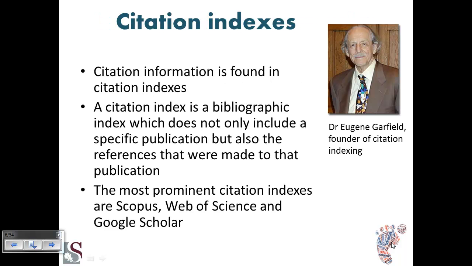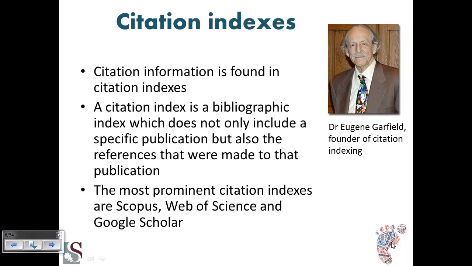So now, citation indexes. To find citation information, you need to use a citation index. Examples of citation indexes are Scopus, Web of Science, and Google Scholar. These are all young inventions which date back to 1964, when Eugene Garfield developed the Science Citation Index.